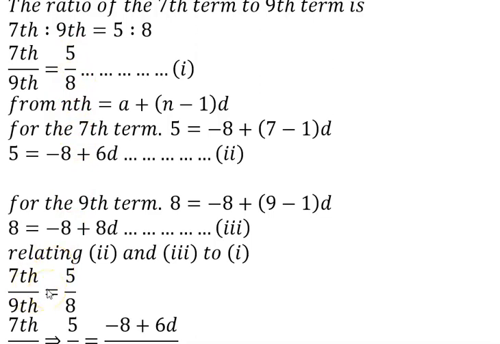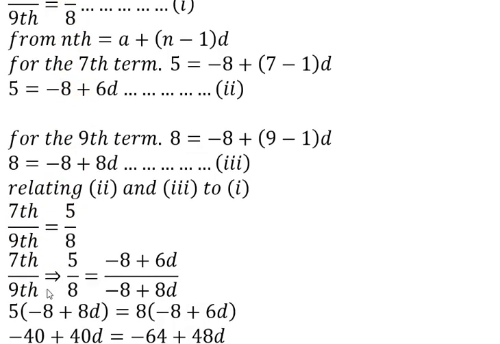For the 7th, these are our results: for this 5, we just have minus 8 plus 6d. For the 9th, the result is minus 8 plus 8d.